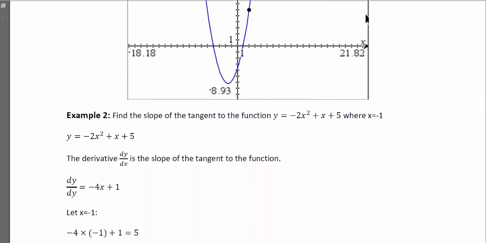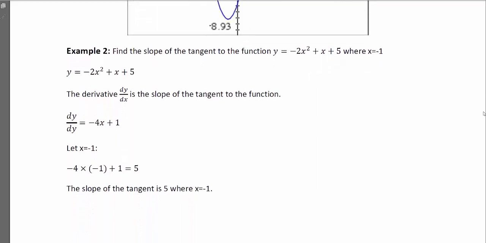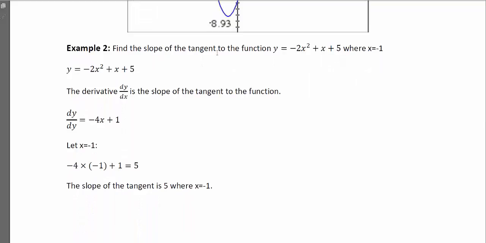So let's have a look at another example. Find the slope of the tangent to the function y is equal to minus 2x squared plus x plus 5, where x is equal to minus 1. First we find the derivative of the function, so dy dx is equal to, move down the 2 in front, so it becomes 2 times this minus 2 that is already there, which becomes minus 4, and then x, decrease the exponent by 1, so it's just to the power of 1.